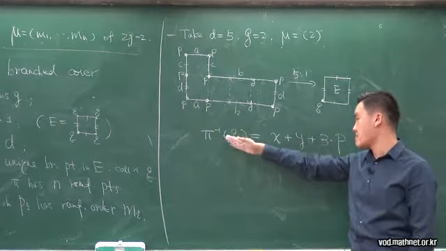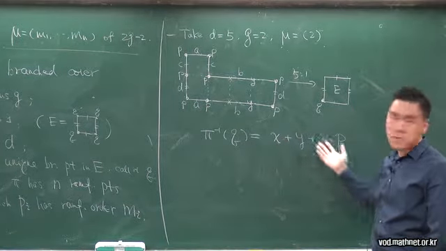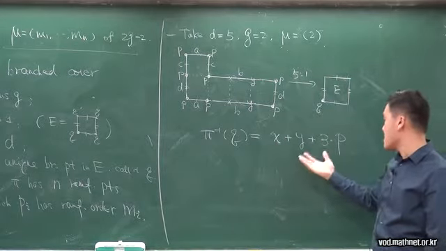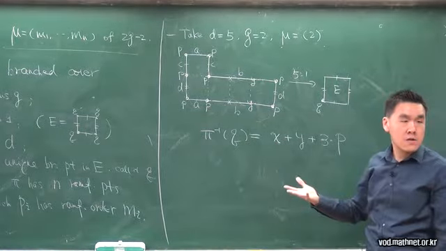If you take the pre-image, counting with multiplicity, the total coefficient sum has to be equal to 5, right?